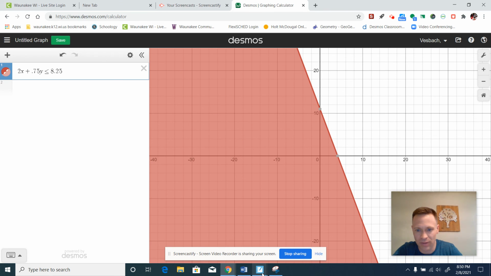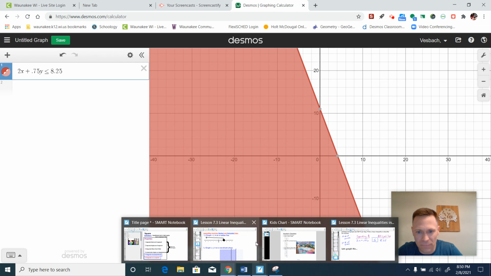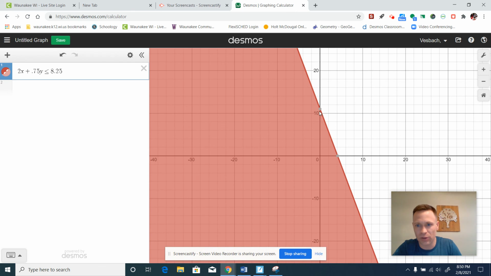And this is why I graphed it on here, because we're going to analyze this quick. I guess I can't annotate over this, but here's what I'm going to do. Every point that is in this shaded region is a solution to the problem, okay? And so what that means, except for negative numbers, I can't buy negative carrots and negative grapes, right? And so if x represents grapes, then this is the number of grapes I can buy.